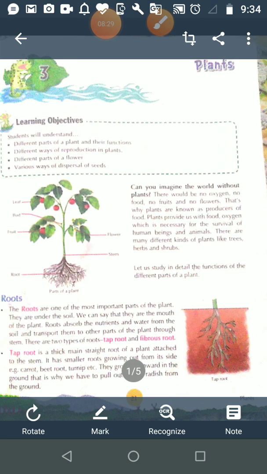So root absorbs water and nutrients, and from the root it passes these things to the stem, and stem passes them to the other parts of the plant.